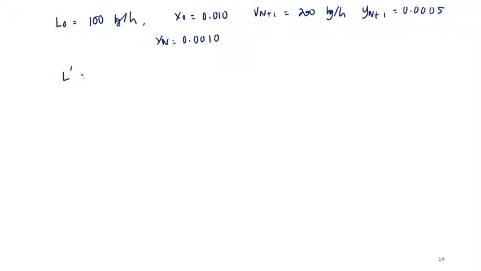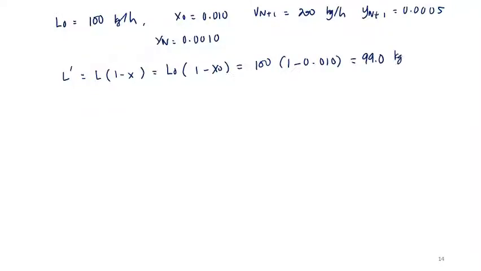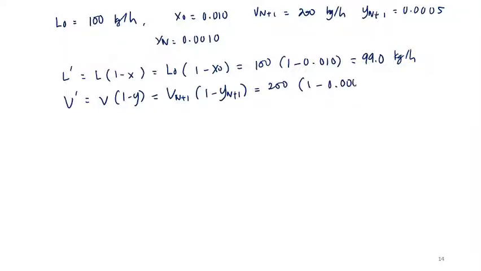The L prime equals L times (1 minus X) equals L0 times (1 minus X0) equals 100 times (1 minus 0.010), so you have 99.0 kg per hour of water, and the V prime equals V times (1 minus Y) equals Vn+1 times (1 minus Yn+1) equals 200 times (1 minus 0.0005).